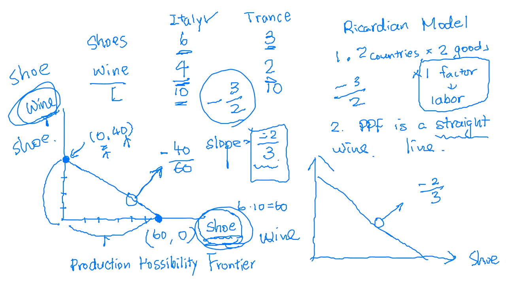The answer is no, because they will still be on the same production possibility frontier. The relative price will not change. You won't have something like this or something like this after the trade. So the utility function, the utility curve, will not have the chance to go up. So there's no gain for both of the countries involved in trade.